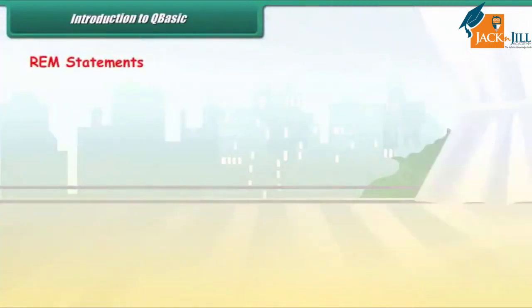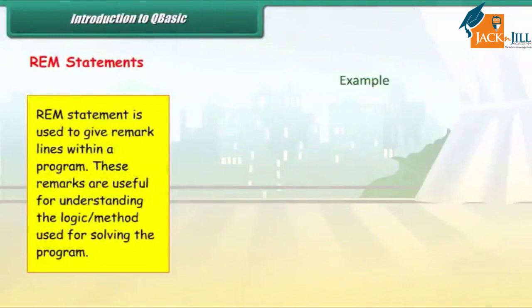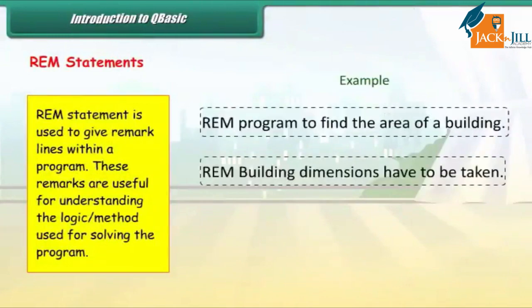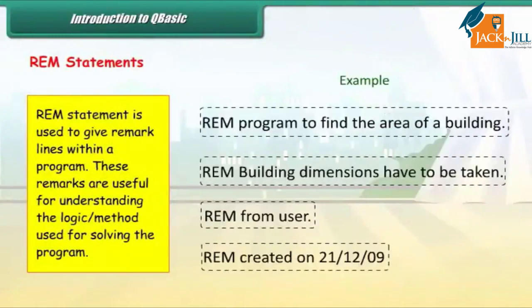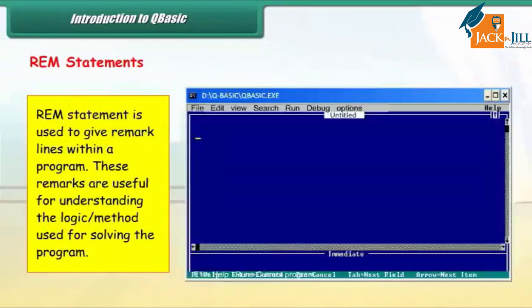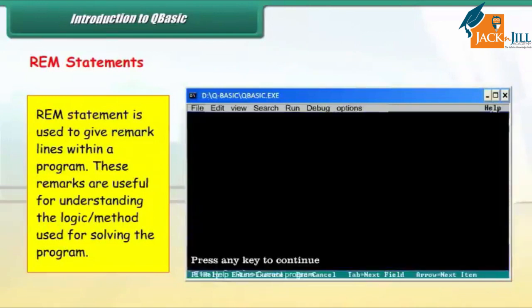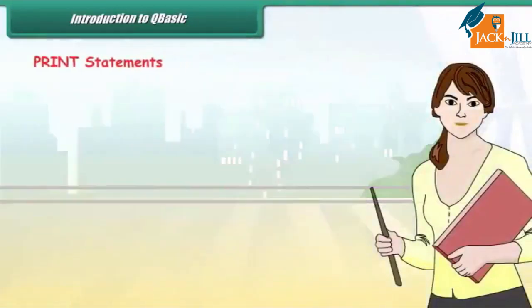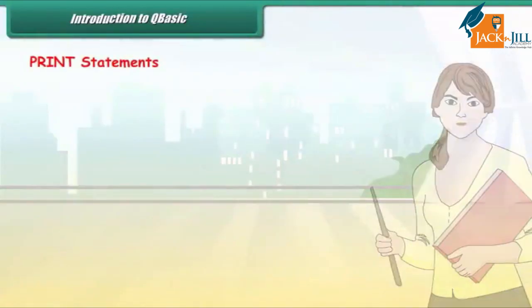REM statement. The REM statement is used to give remark lines within a program. These remarks are useful for understanding the logic and the method used for solving the program. PRINT statement.